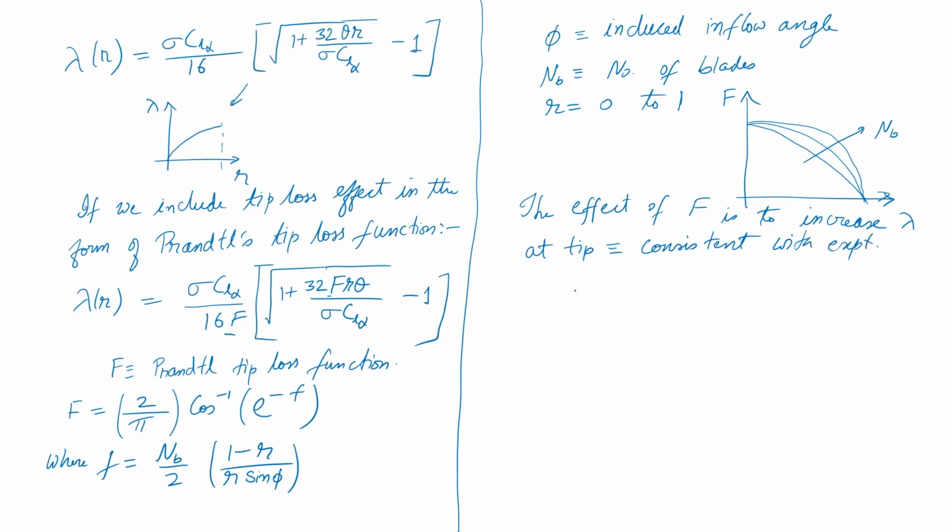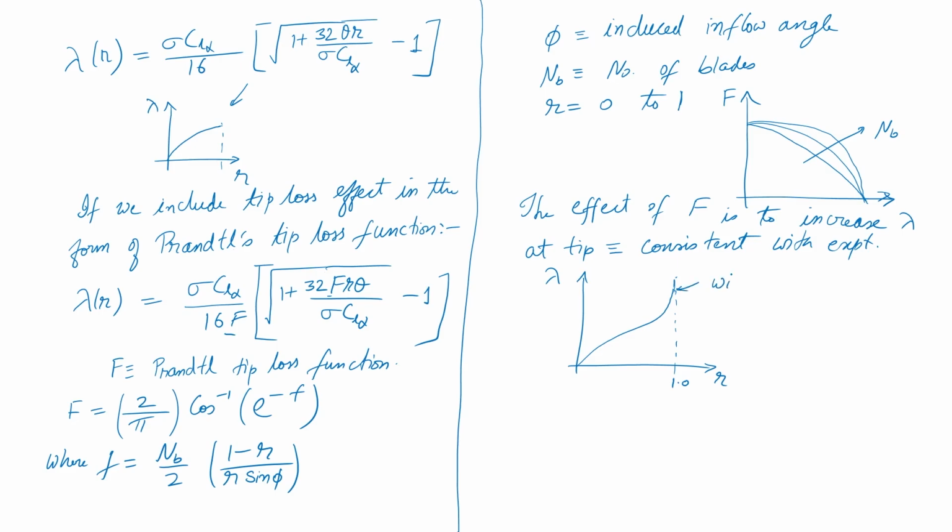So, what exactly does it do to my lambda is, near the blade tip, so this is r equal to 1, it will make it increase fairly quickly.